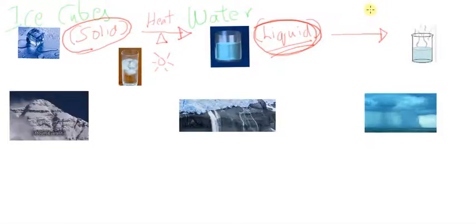So, this is water vapor, also known as steam. And this steam, what phase of water is it? Gas. It's the gas phase of water. That's correct. So, this is the gas phase of water.